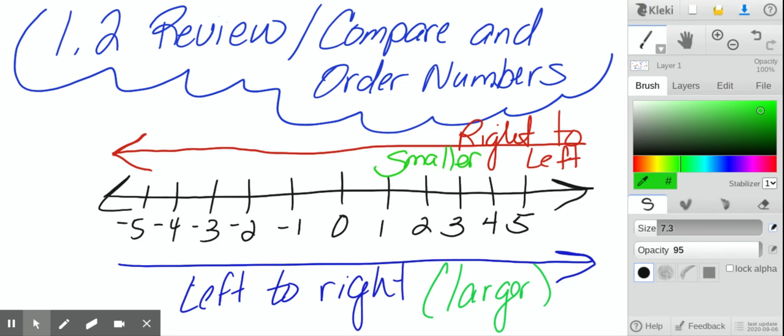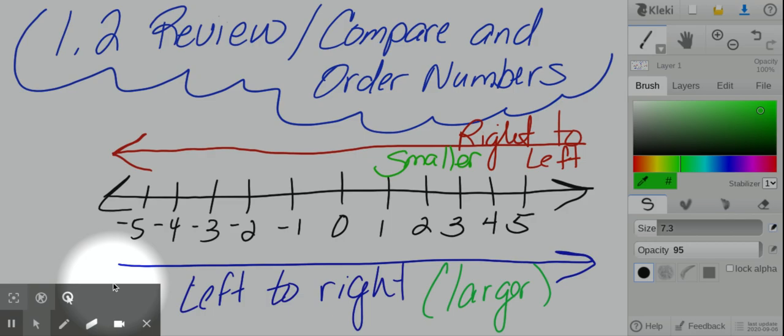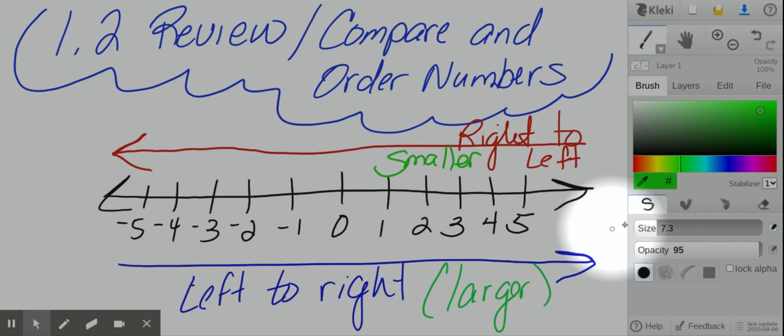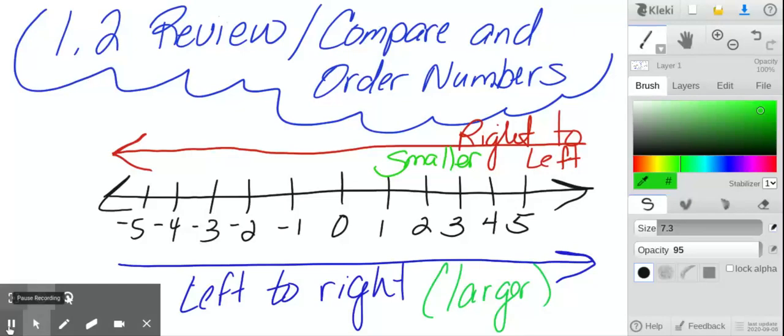All right, so that's what you have to remember. The larger the negative, the smaller the value. From left to right on the number line, they get bigger. From right to left, they get smaller. All right, so keep that in mind.